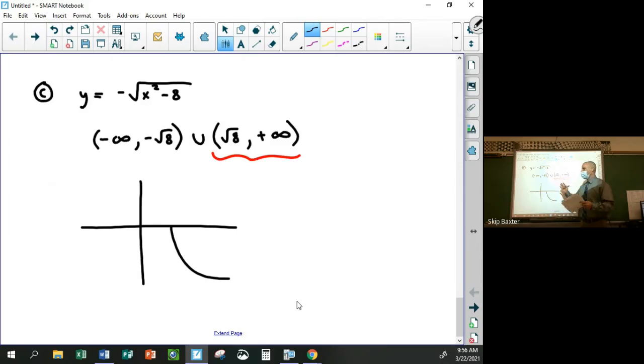Maybe there's a hole in the graph, or some other discontinuity. Maybe there's a jump, maybe there's a vertical asymptote, or maybe just a vertical tangent. We don't really know what this looks like. So that's why you can't continue it past that point.